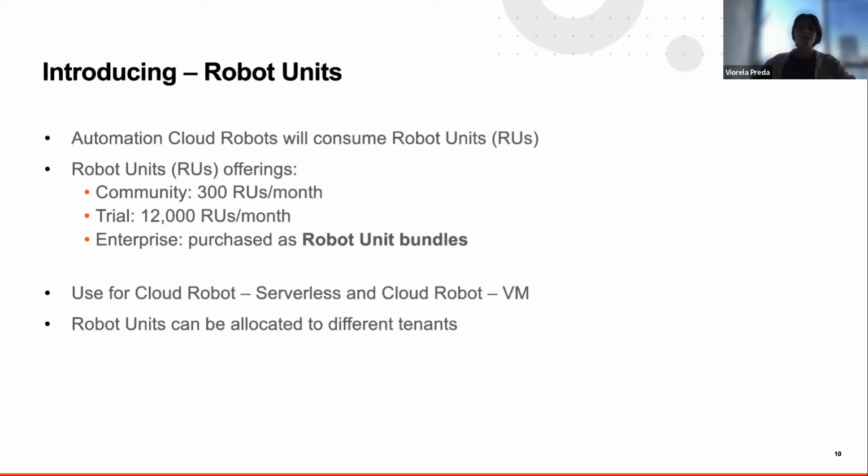On the first day of each calendar month, these will be renewed. It's use it or lose it, and the same for trial, but we give them 12K. For enterprise plans, we would sell these in robot unit bundles, in a very similar way to how we used to sell Document Understanding pages before.